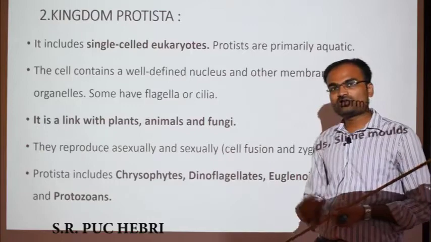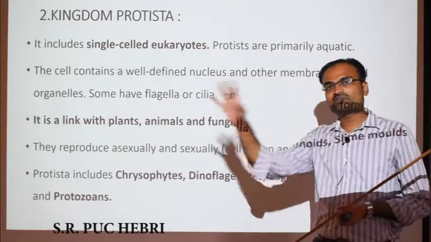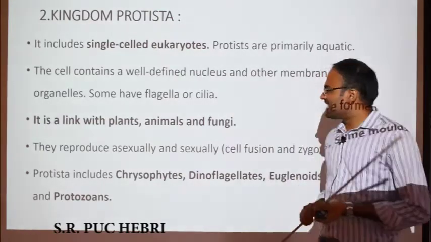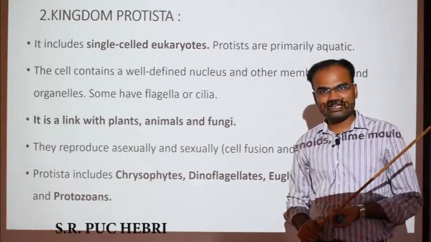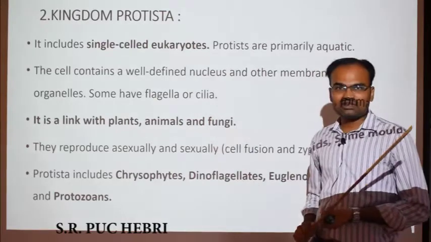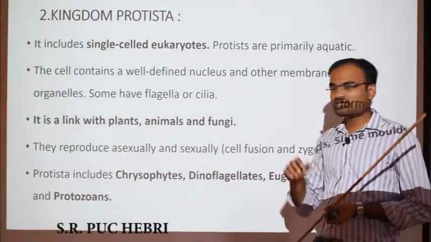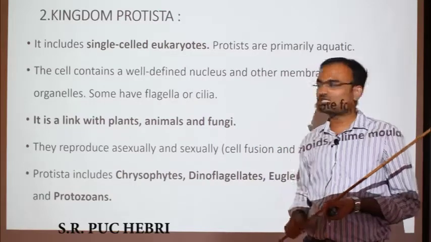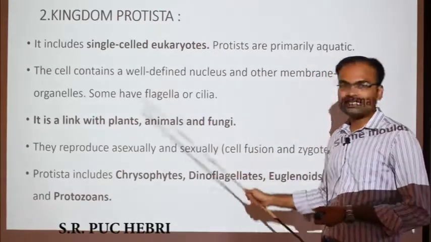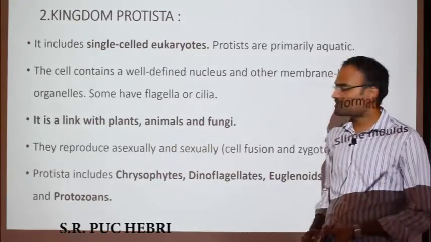That Euglena possesses the chloroplast which resembles the plants. As well as it can show movement in the water body. That's why it has the characteristics of the animal. As well as some protistans are heterotrophs like the fungi, that means the kingdom Mycota. That's why these are the connecting link with all these 3 kingdoms.